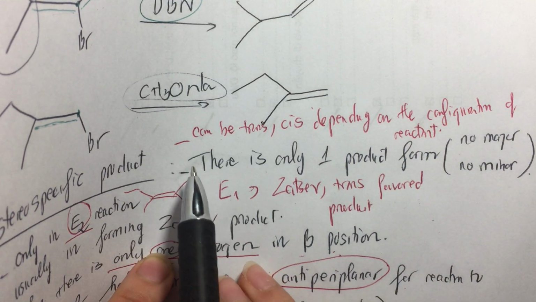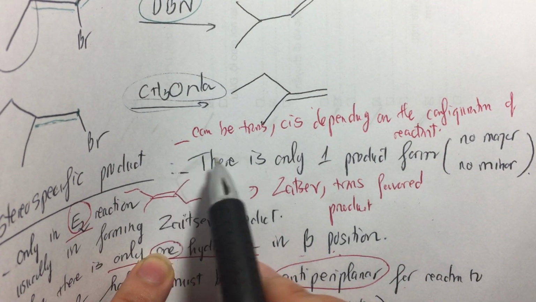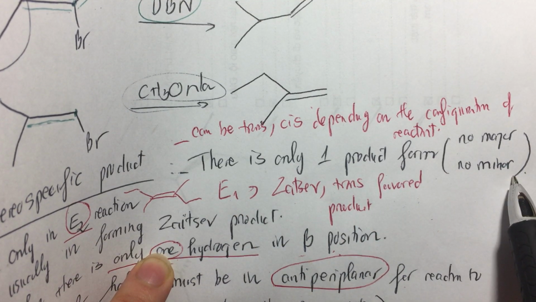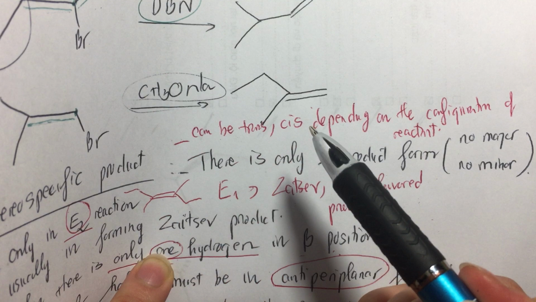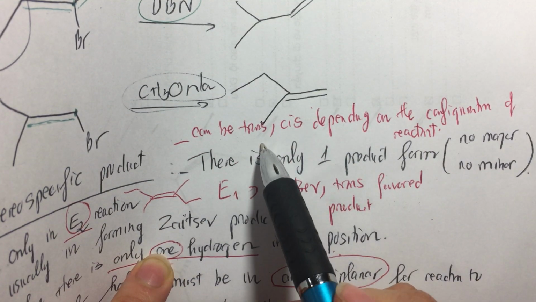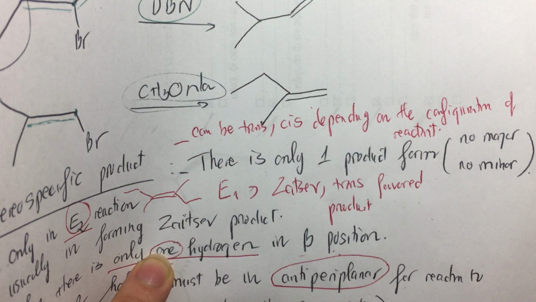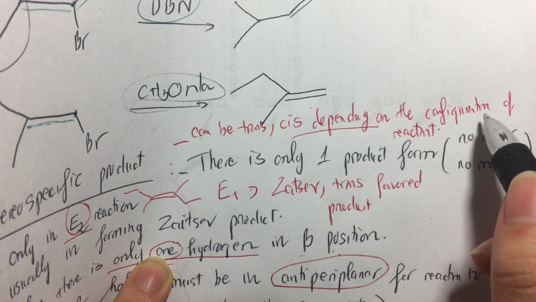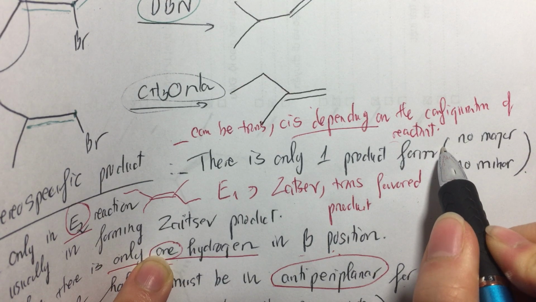So the two characteristics are: only one product forms, with no major and no minor; and the product can be trans or cis depending on the configuration of the reactants.